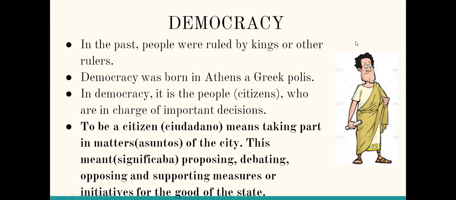So, in the past, people were ruled by kings and other rulers. So they started to think, maybe this is not the best way to rule a country. So democracy was born in Athens, a Greek polis. In democracy, it is people who are in charge of important decisions.